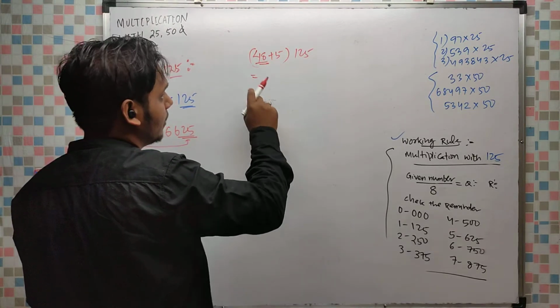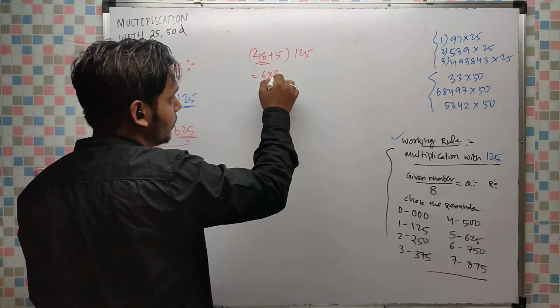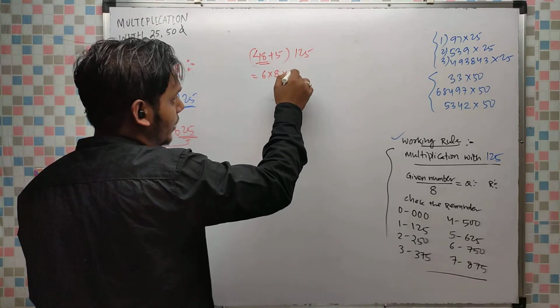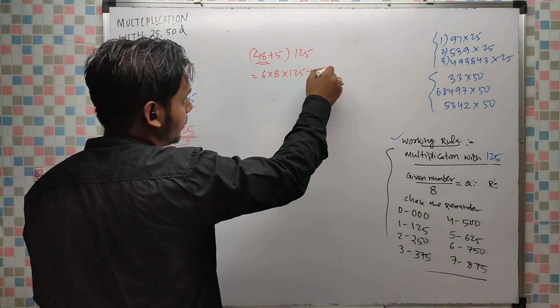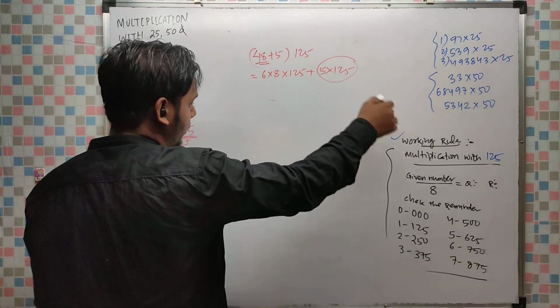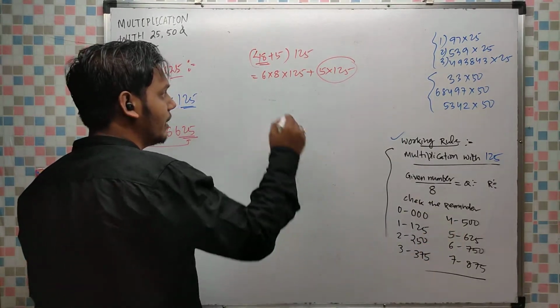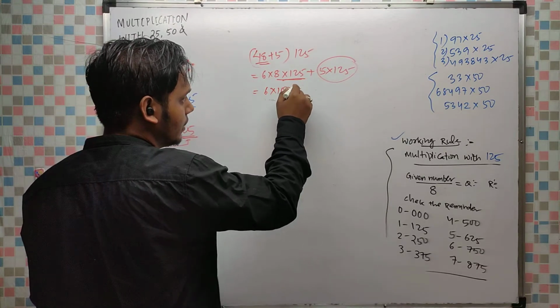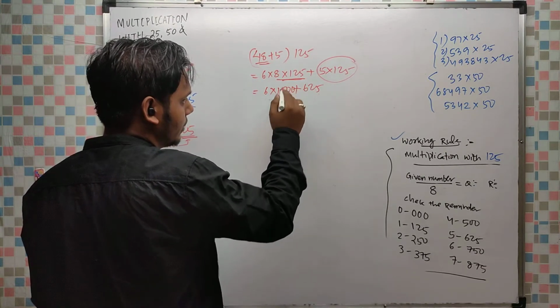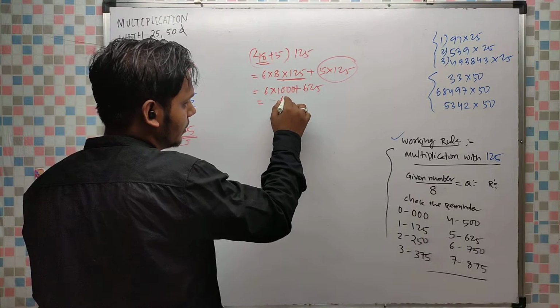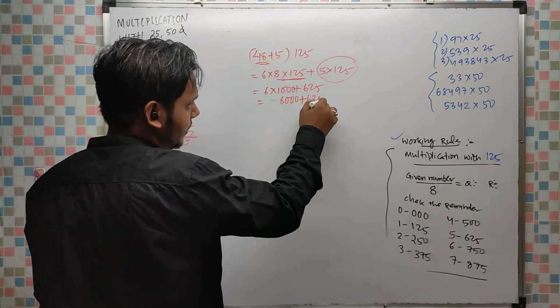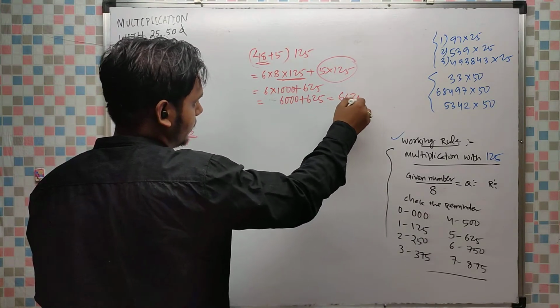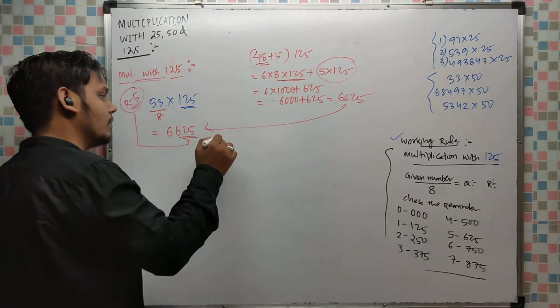So 48 can be expressed as 6 into 8 into 125 plus 5 into 125. Now 5 into 125 is 625, and 8 into 125 is 1000. So 6 into 1000 plus 625, that is 6000 plus 625, which is 6625. The answer is this much.